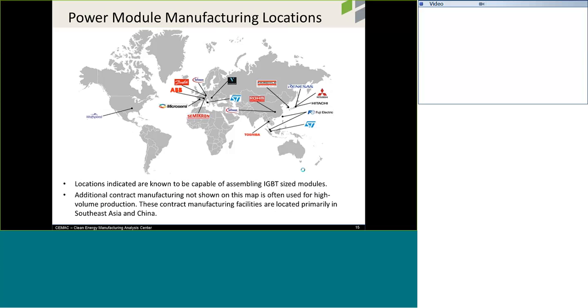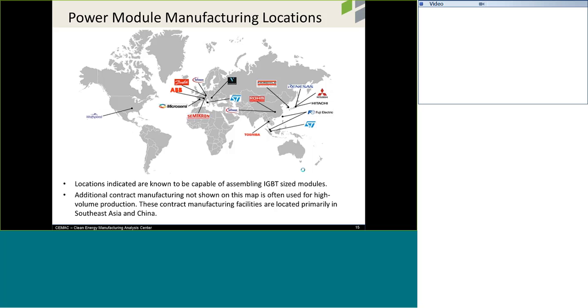In looking at power modules, there isn't any technology for manufacturing that allows you to really track the capacity of production in a country. And so instead of being able to explicitly call out which countries are dominating in power module manufacturing, we instead concentrated on looking at where power modules are capable of being manufactured by vertically integrated companies.